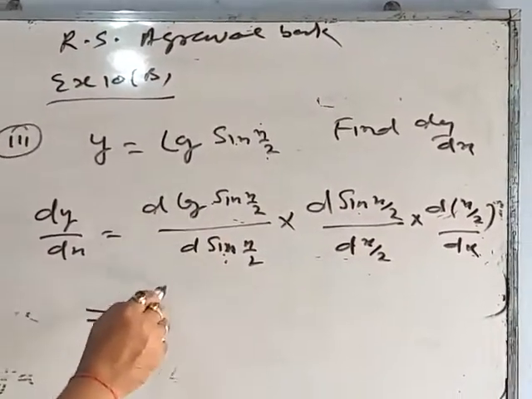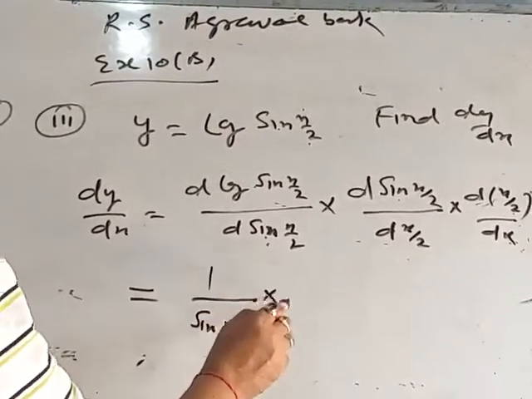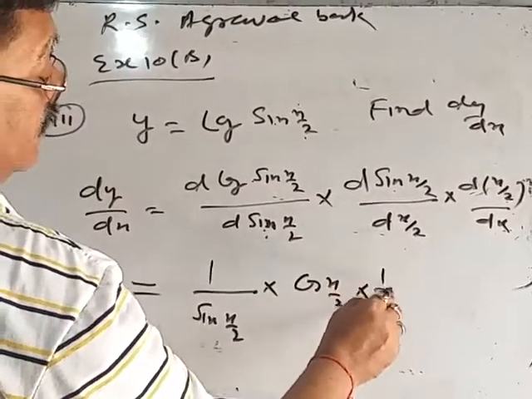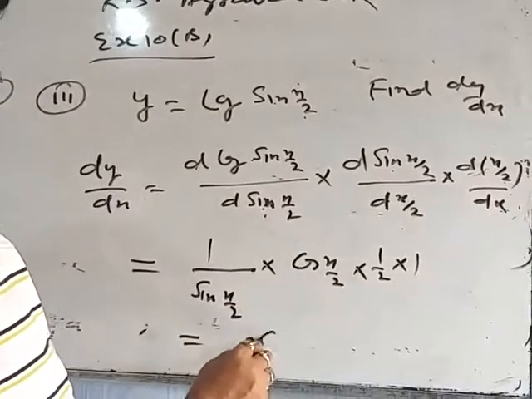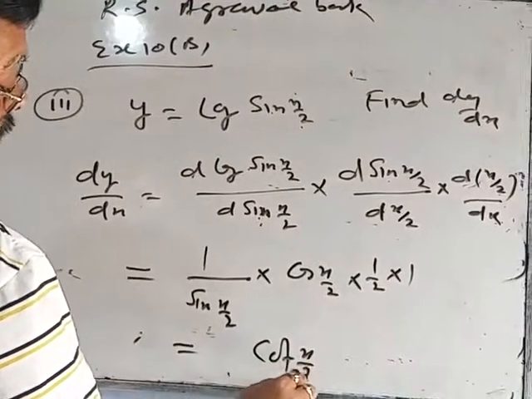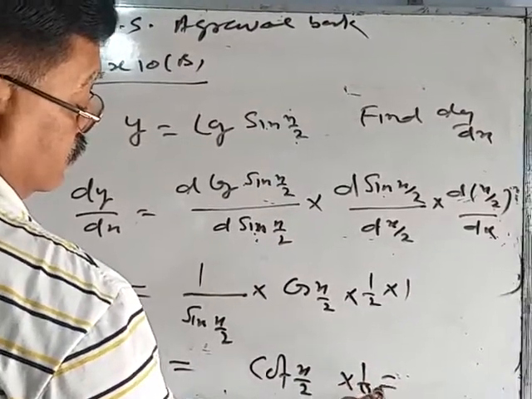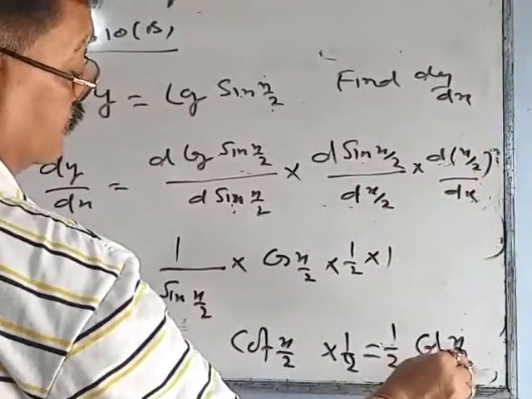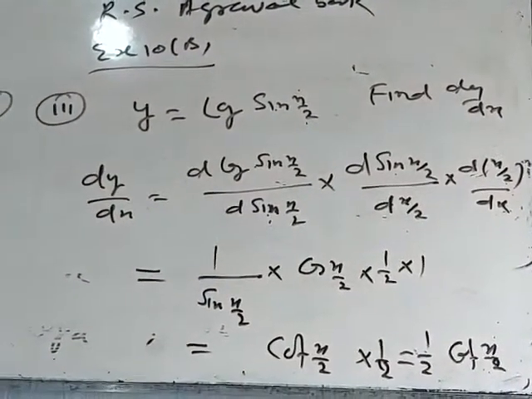So this will be 1 by sin x by 2, times cos x by 2, times 1 by 2, a constant, dx by dx is 1. So cos by sin, cot x by 2 into 1 by 2. So 1 by 2 cot x by 2. This is the answer. You can solve in this manner.